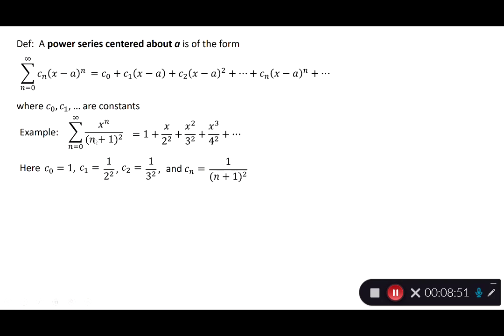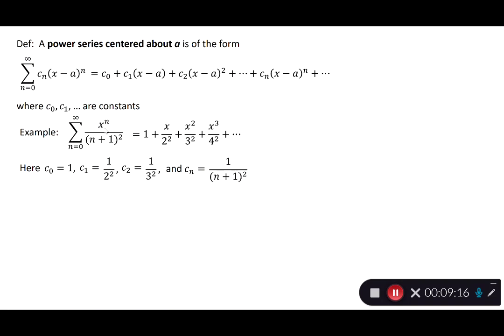How do I know that? Apply the test for divergence. The limit of 2 to the n over (n plus 1) squared is infinity, because the top is an exponential function which goes to infinity faster than the bottom does, right? So the limit of a sub n is not equal to 0. Therefore, we conclude the series diverges for x equals 2.